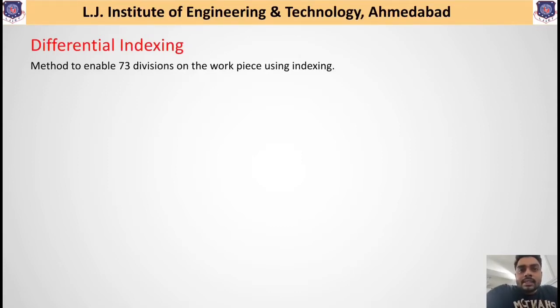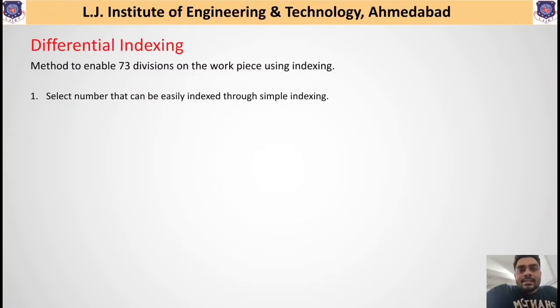To understand this differential indexing method, we will use a simple example as we have discussed. What are the steps to be followed to enable 73 divisions on the workpiece using differential indexing? Our first step is to select the nearest number to the given number which can be easily indexed through simple indexing.